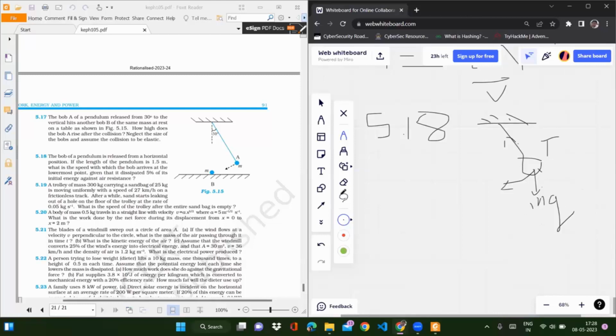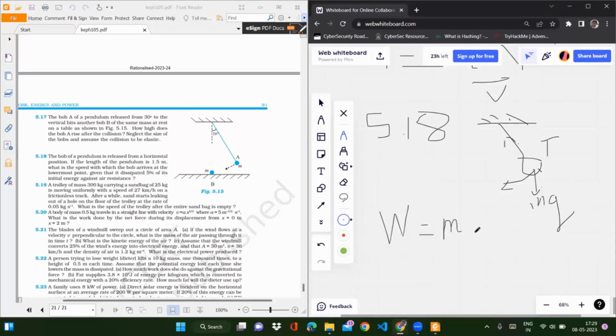The work done by mg is given by mgh, meaning the change in potential energy will be the work done by the gravity. So the work done is basically mgh, and mgh can be calculated putting 1.5 meter as h.